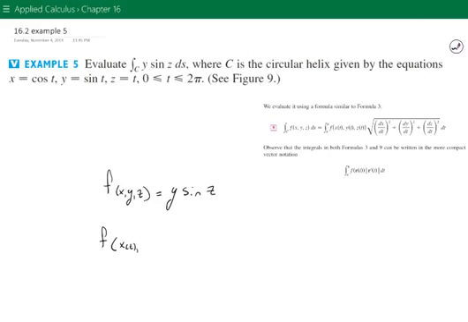If we write y and z in terms of the parameter so that they're restricted to follow along the curve, then we're going to get that this is sine t, since that's y, and then sine t.